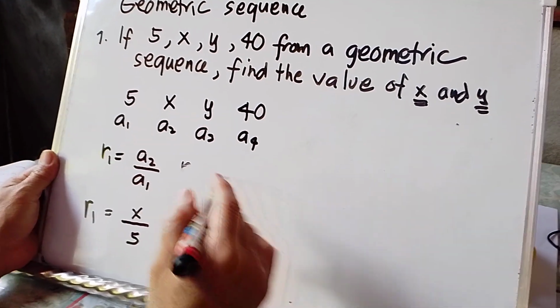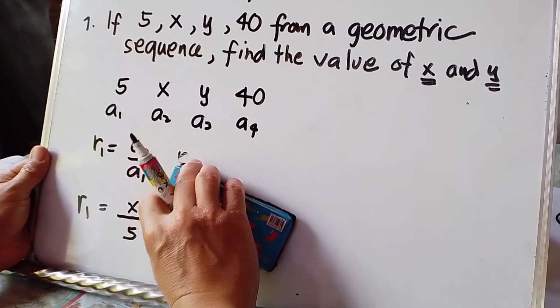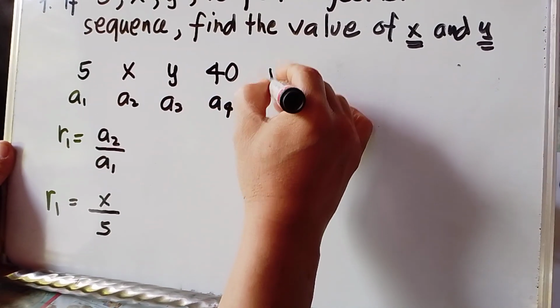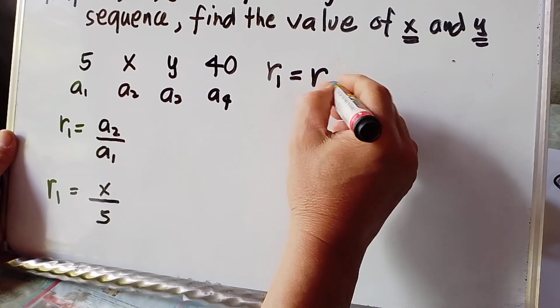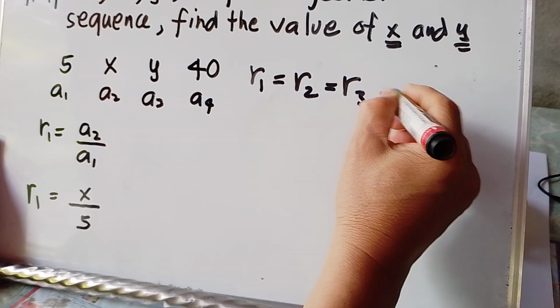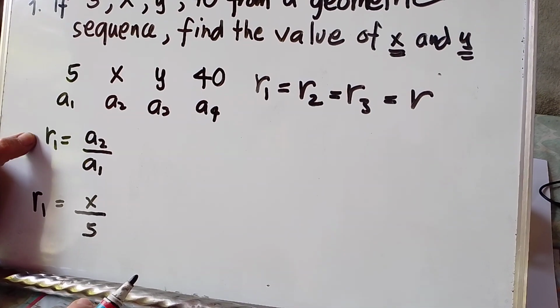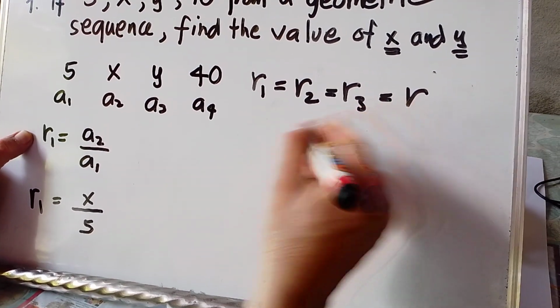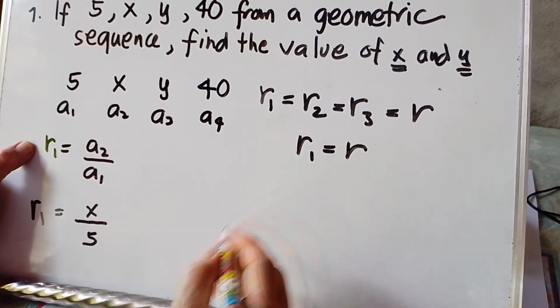Since I now have my ratio, we know that r1 is equal to r2 is equal to r3 is equal to r. So I can use r1 because r1 is equal to r.